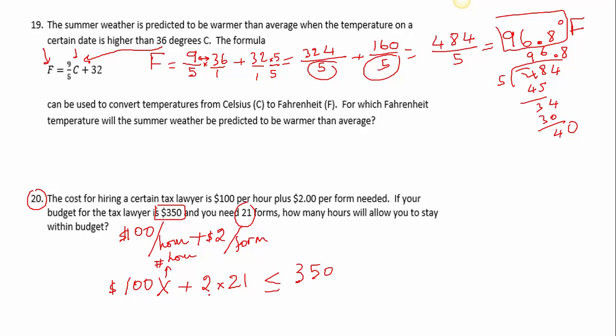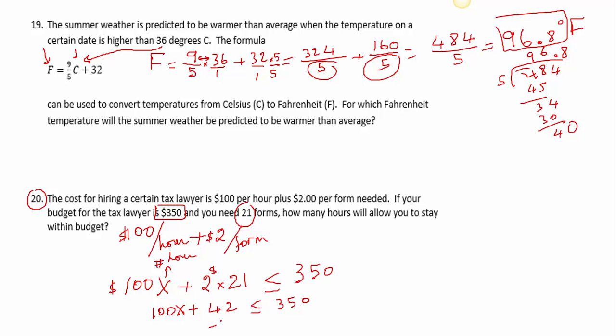And I'm going to pay also $2 per form. I already know I have 21 forms, so I'm going to pay 2 times 21, which is $42, plus 100X, where X is the number of hours using a lawyer. Now all this money spent must be less than or equal to 350. That way I don't exceed my budget.